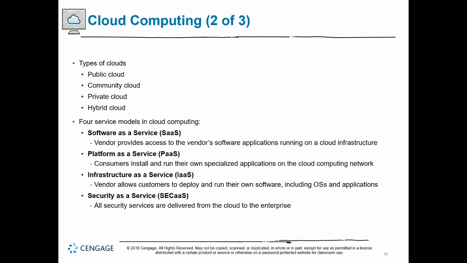Now, community clouds are a recent variation on the private model, in that businesses share infrastructure provided by the cloud service provider for software and development tools that are designed to meet community needs.